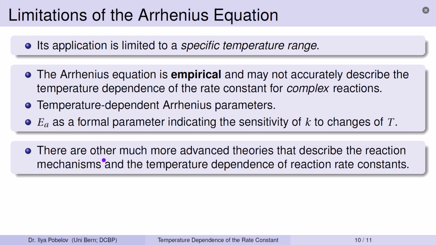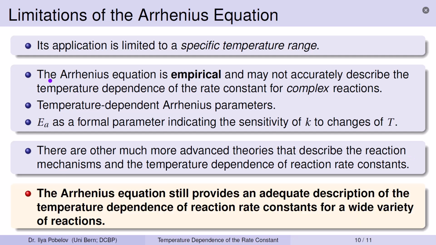There are other, much more advanced theories that describe the reaction mechanisms and temperature dependence of reaction rate constants. Nevertheless, although the limitations of the Arrhenius equation are well known, this relationship still provides an adequate description of the temperature dependence of reaction rate constants for a wide variety of reactions.